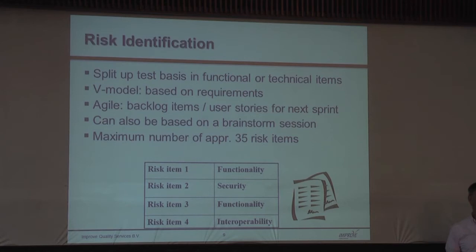Risk identification. What was a risk? A risk was, if this happens, that was our definition, you're less happy. How does the project start? Well, hopefully, we'll talk about this later on more today, but hopefully there are requirements somewhere. In Agile context, they're called user stories, or backlog items, whatever term you'd use.